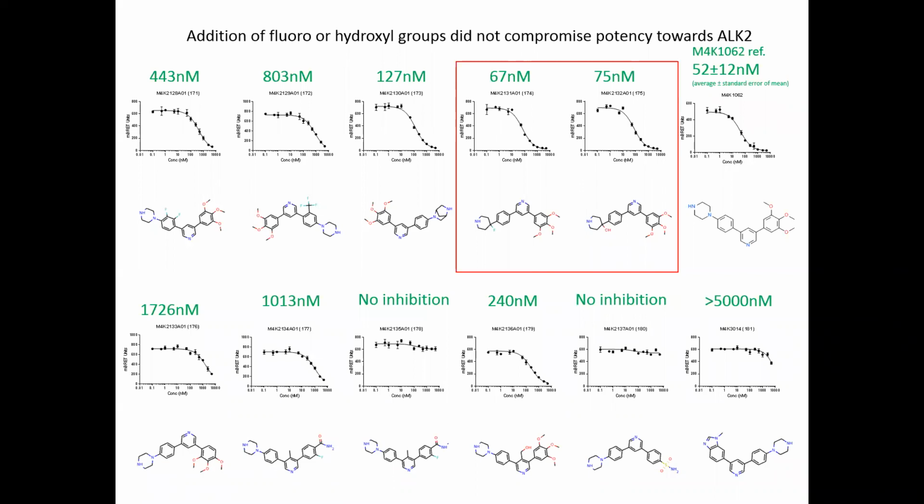So the previous batch of the compound, there are around a dozen of them in total from OIPI and Charles River's lab, and among them 2 are quite interesting. Even with the replacement of the nitrogen with the fluoro and the hydroxy group, I think I've compiled multiple experiments for the reference compound M4K 1062.